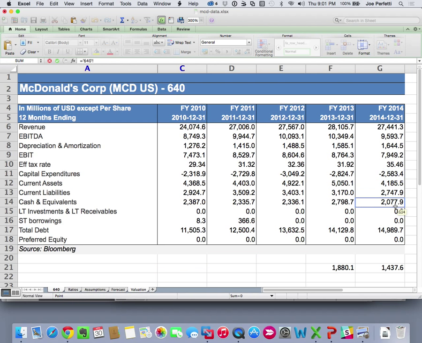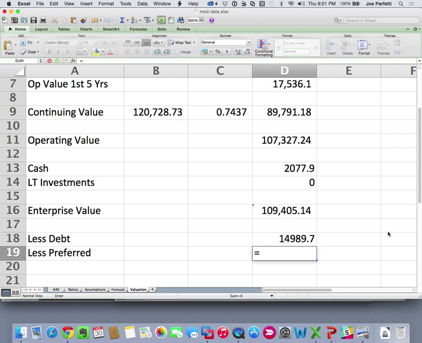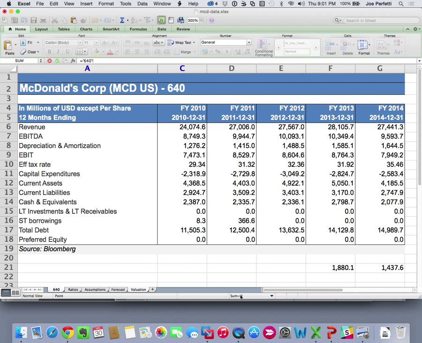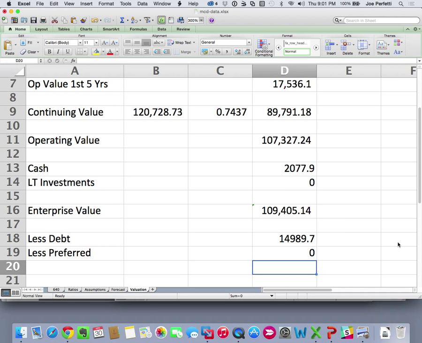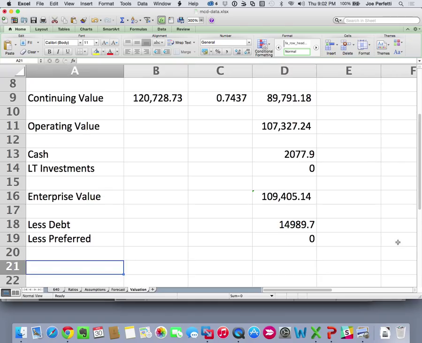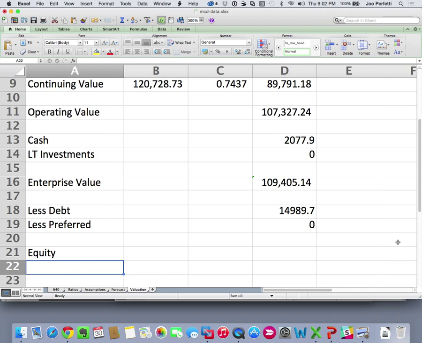So the debt was here, total debt. Preferred here. Now, if a company had minority interest, I'd also just subtract the minority interest. But as I said, I'm trying to keep it from getting too complicated. And that would basically get me a forecasted common equity value.